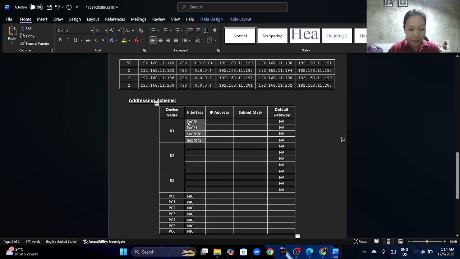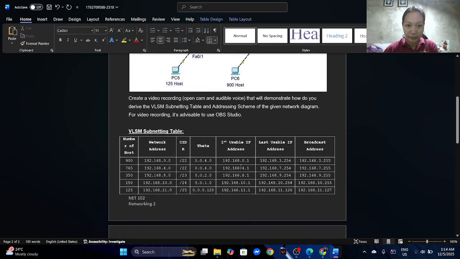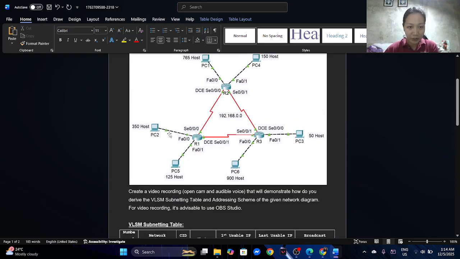So, copy lang natin to. So, for FA0, the IP address is host 350, which is PC2.